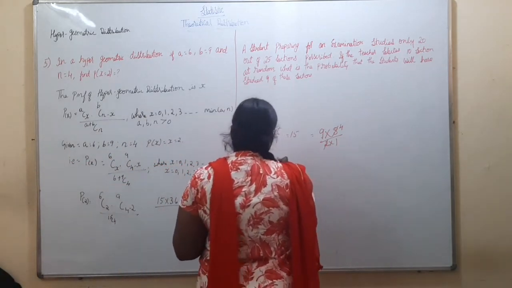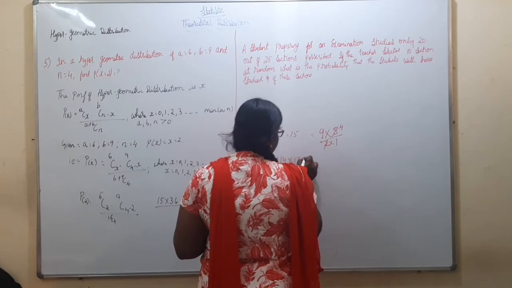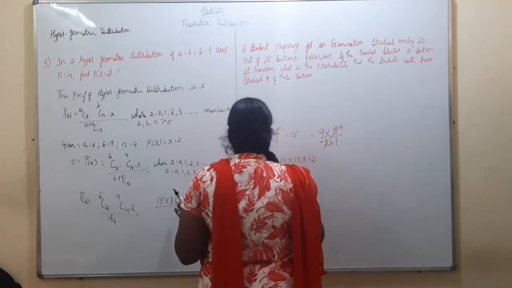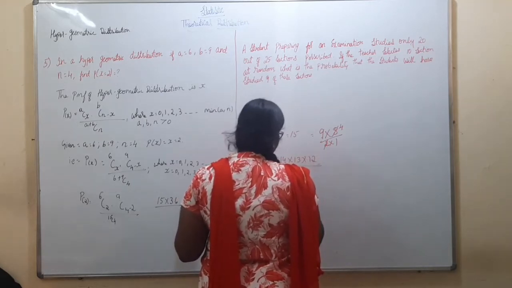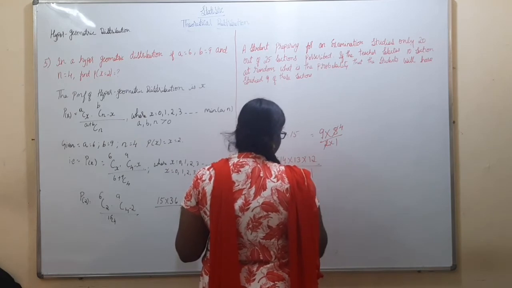So 15C4 is 15, 14, 13, 12 divided by 4, 3, 2, 1.